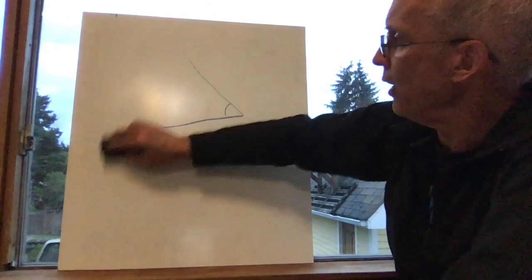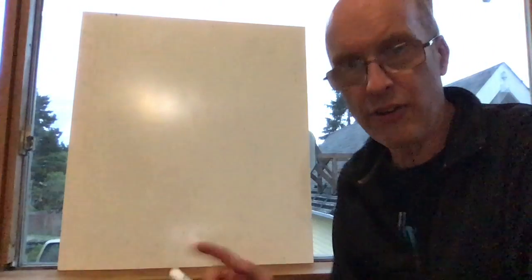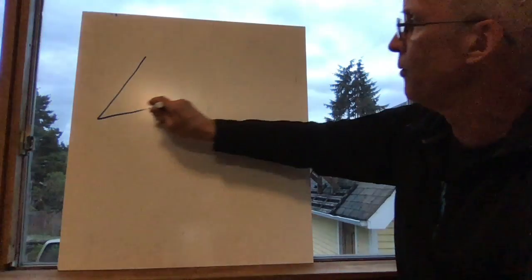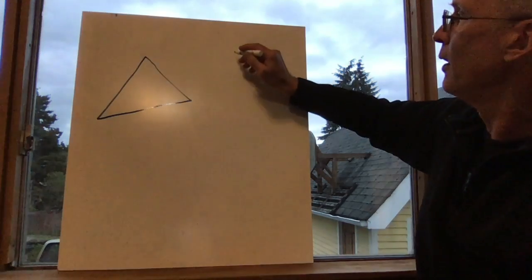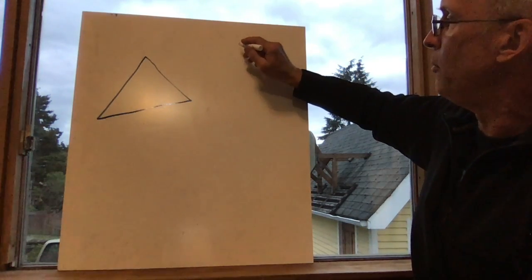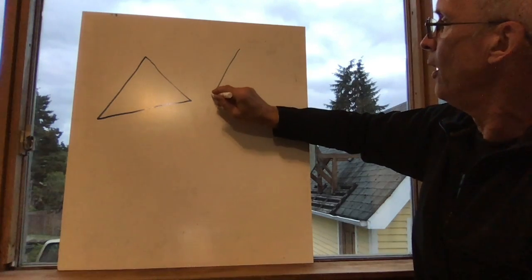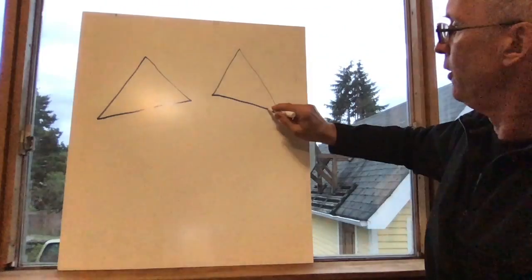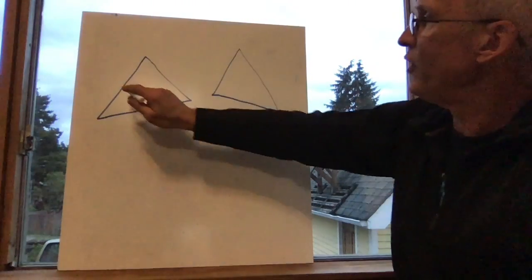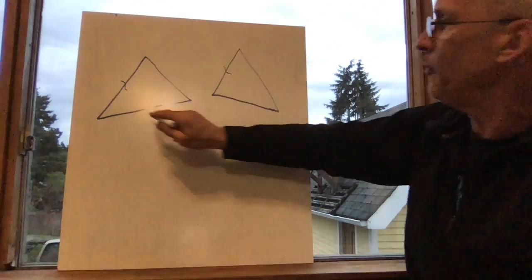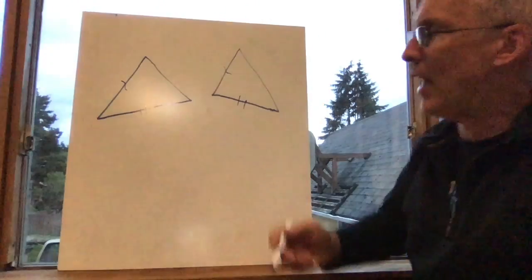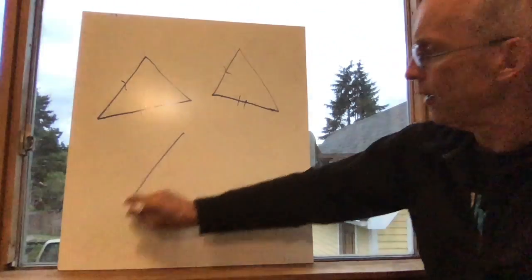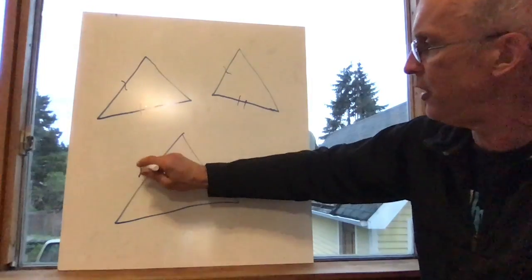So now, let us just take what we know right now, and we'll put that into two triangles. Okay? I'll kind of draw them the same. Terrible drawing. So let's say that this side is the same as that, and this side is the same as that. So it's a little bit like what we just did.